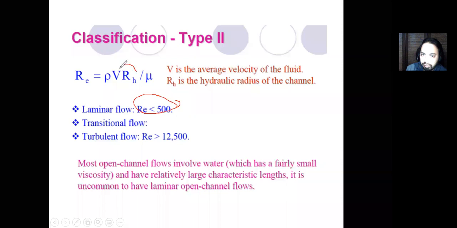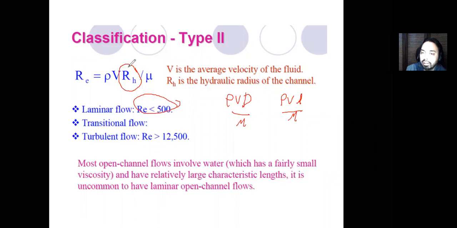Here we introduce the hydraulic radius instead of the diameter or the length. Remember, in pipe flow you have rho V D over mu, or on a flat plate, for example, rho V L, with L as the length, divided by mu. So this is the characteristic length.